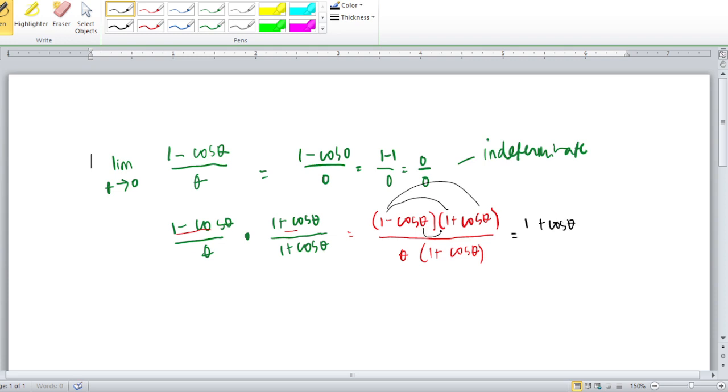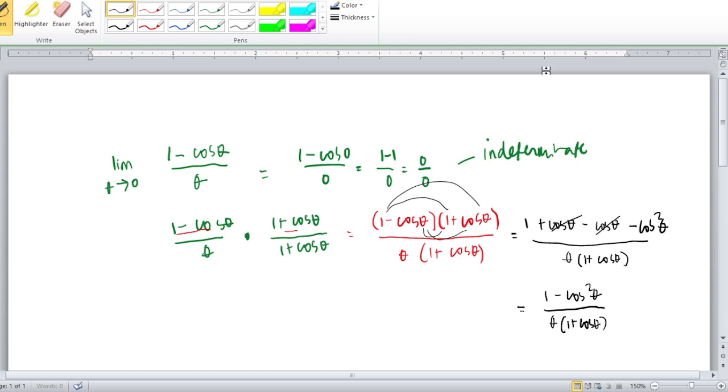And then, how about this one? Minus cosine theta. And this one? Negative cosine squared theta. Okay, so what will happen here? Your cosine theta will be cancelled out. Follow? 1 plus cosine theta. There. So, your equation will become 1 minus cosine squared theta all over theta 1 plus cosine theta. Do you follow? Do you follow, class?